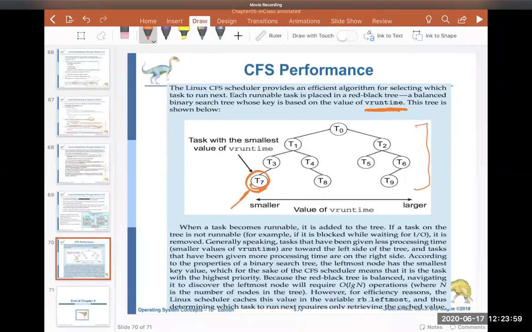So this is how the queue is maintained for CFS, rather than just a normal linked list. It's a binary search tree format that is used for CFS.